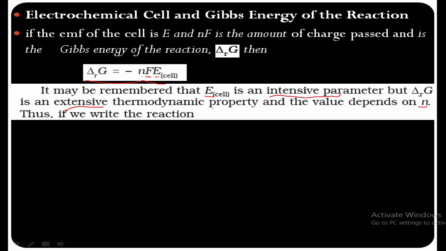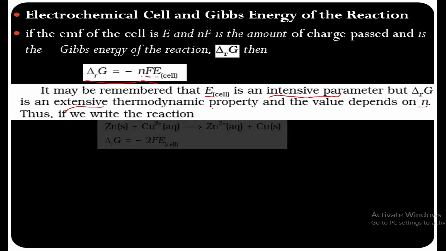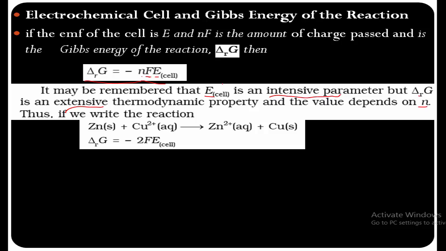Thus we can write the equation Zn plus Cu2+ gives Zn2+ plus Cu. This is the equation of Daniell cell. We can write it as delta Gr is equal to minus 2F E0 cell, because n means number of electrons that is involved in the reaction, and hence we have written it as 2.